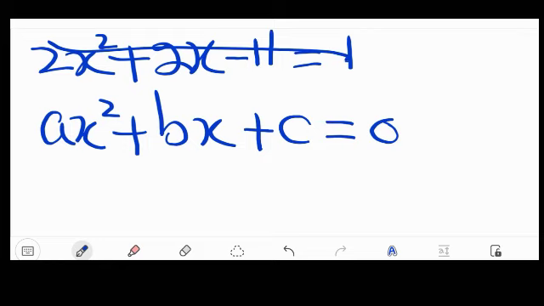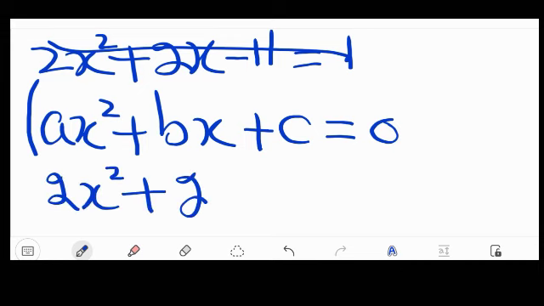First you will have to convert it into a general form of quadratic equation, then you can solve it easily. So let me convert it. 2 will remain here, it will become 2x square plus 2x minus 11 minus 1 is equal to 0.